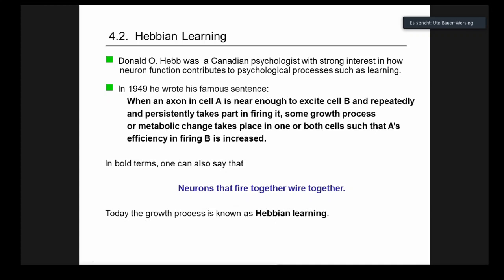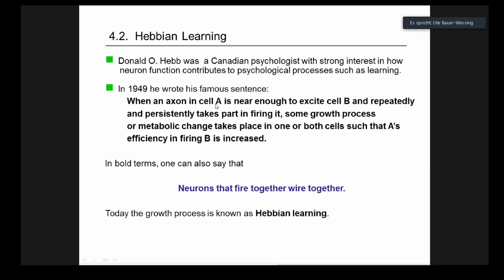So he's saying that if two neurons fire correlated, I mean they are both active, the synapse between these neurons should grow in strength. That's how learning works.